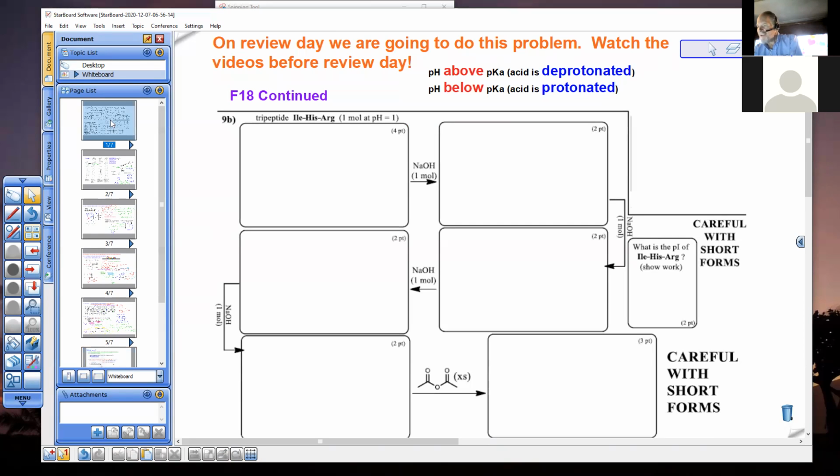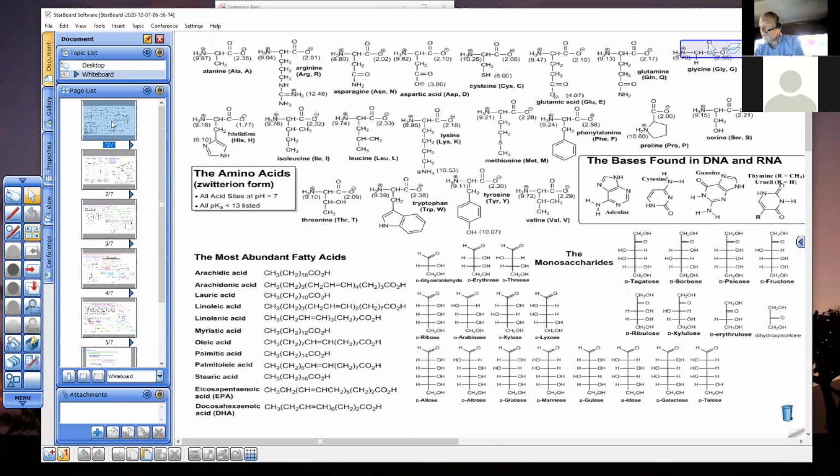On my handout here, there's not a single pKa listed with a number less than 1. That means every acid is in an environment where it will have its proton. So what would alanine look like at pH 1?